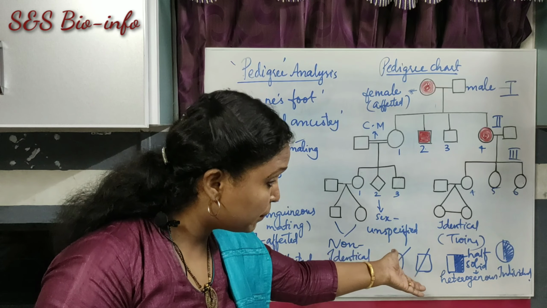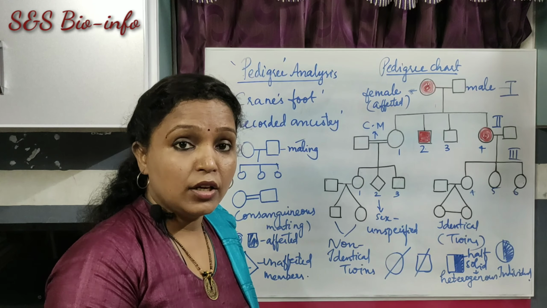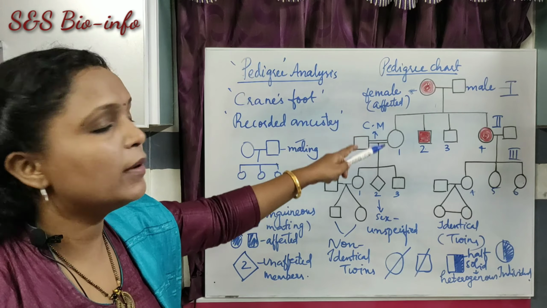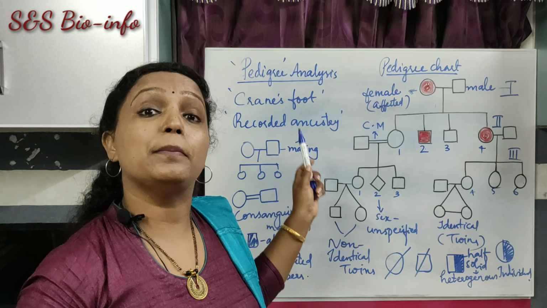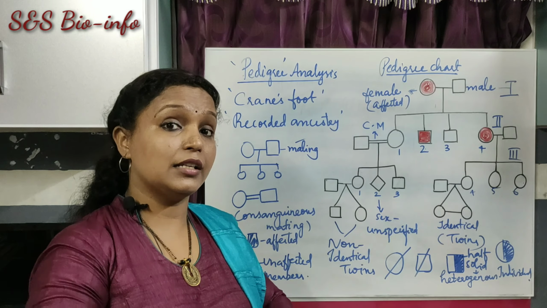So they can be represented as carriers. So the disease or trait may not be expressed in the body, but it can be carried by those persons, but they are shown as normal people in the family tree, in the pedigree chart. So these are some common symbols that are used in the pedigree chart to make the pedigree analysis very easy.